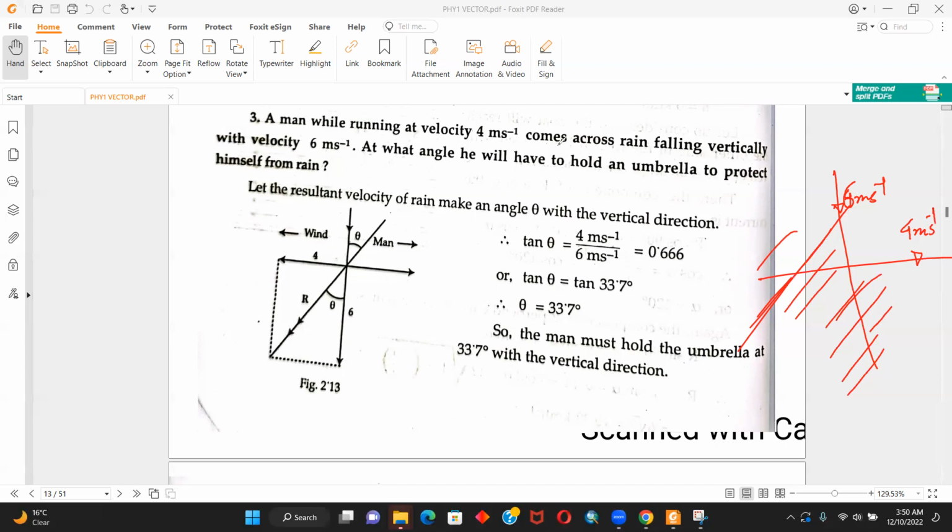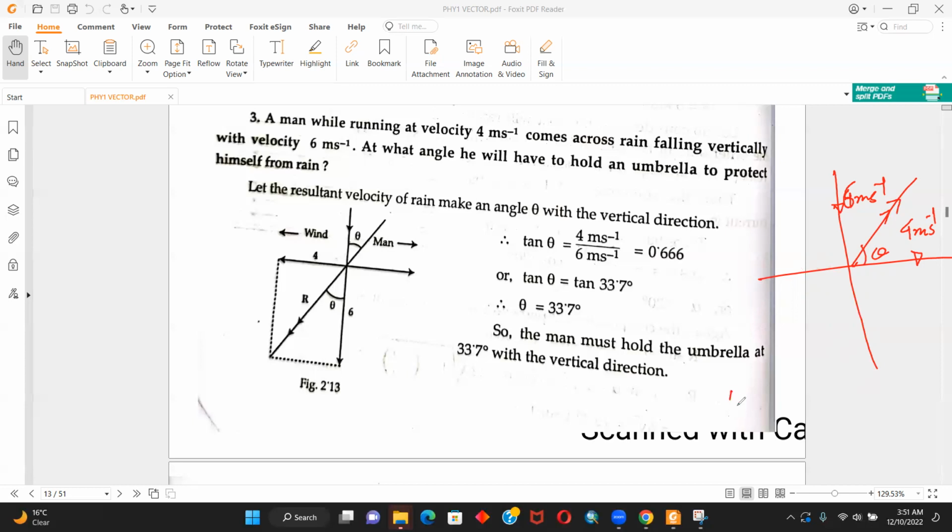So what you have to do here is hold the umbrella with some sort of angle. What is the angle? The angle would be gotten by calculating it. Say for instance, you have to hold the umbrella in this direction, which makes an angle of theta with respect to the man.